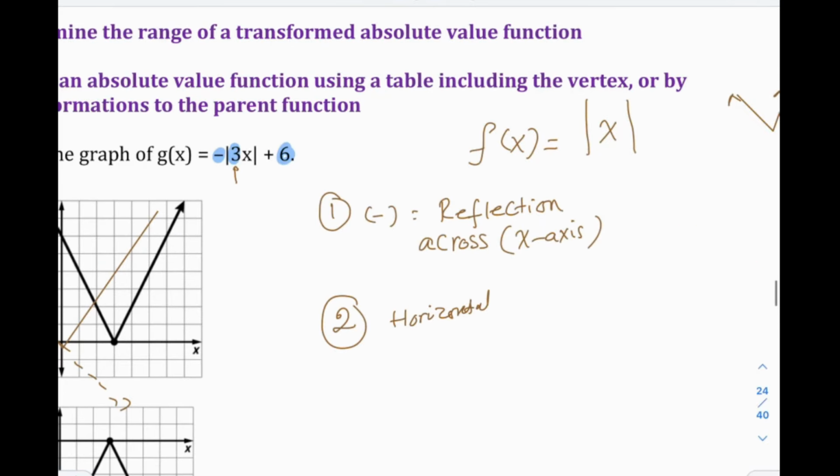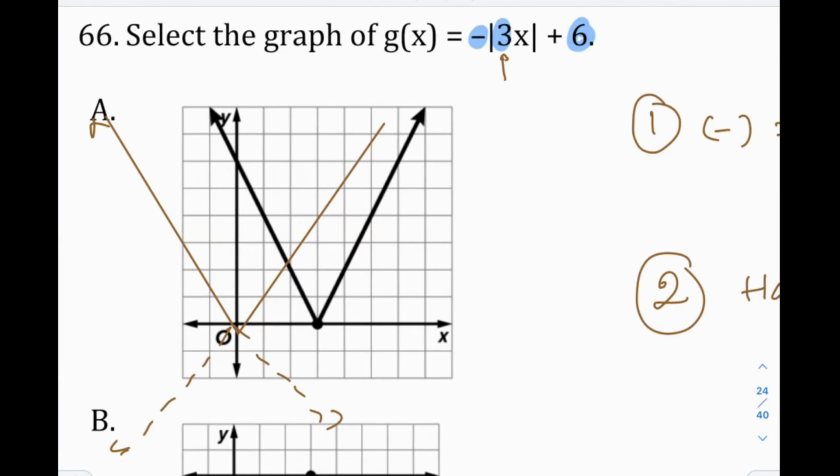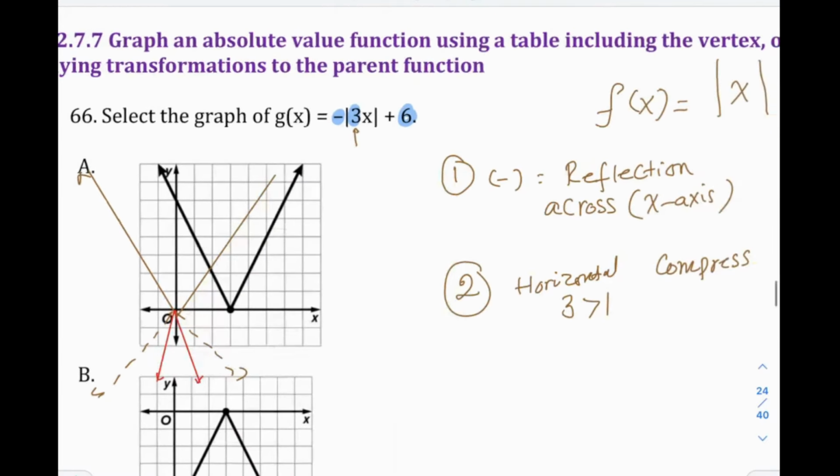Since 3 is more than 1 inside the group, it will be a horizontal compress. And that means the slope will be more. It will be steeper or narrower. The slope here, instead of being 1, will be 3. So this will be something like this. It will be 3. Okay, so reflection, then multiplication.